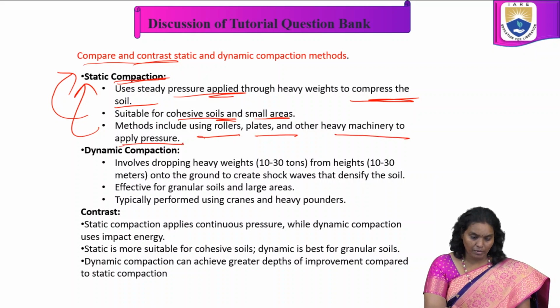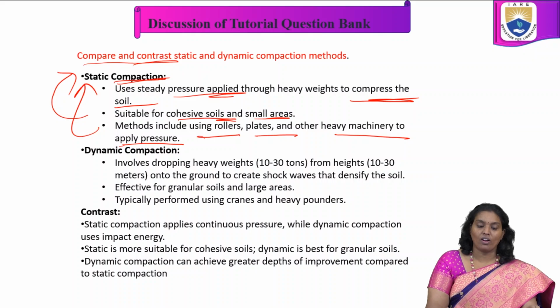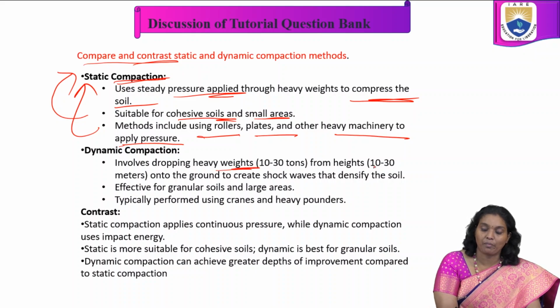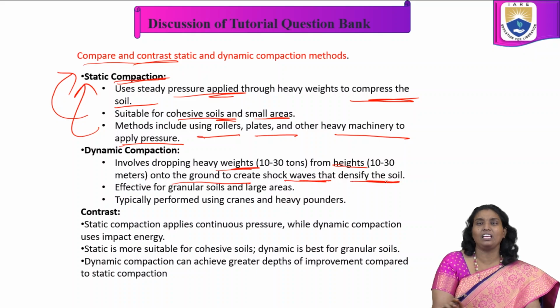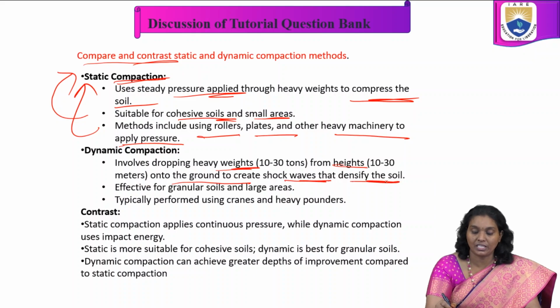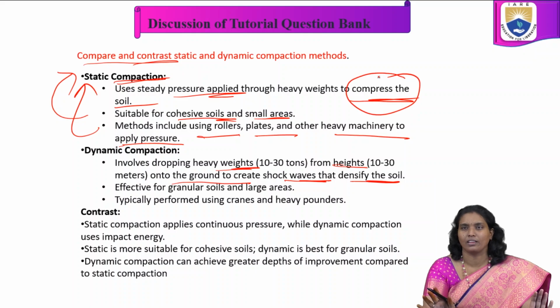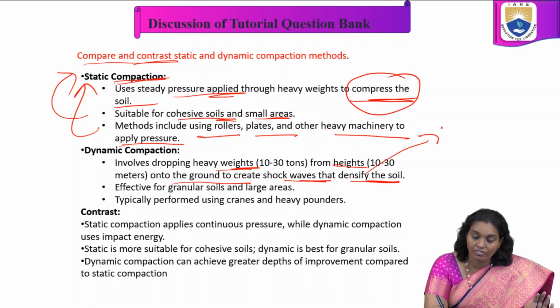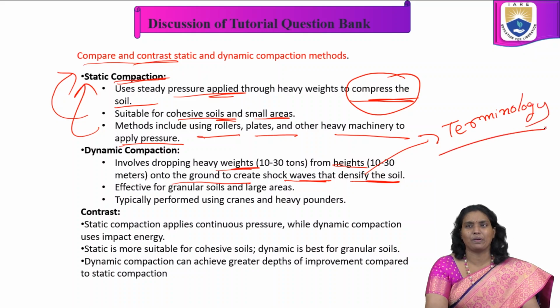Move on to dynamic compaction. It involves dropping heavy weights from heights onto the ground to create shock waves that densify the soil. Here also we are compressing, that is, densifying the soil, so using this kind of terminology is important in our explanations.